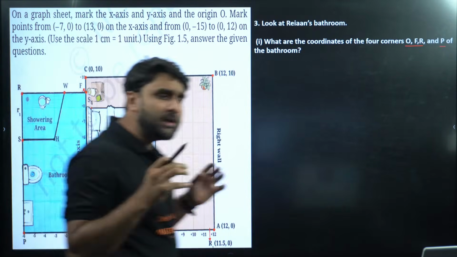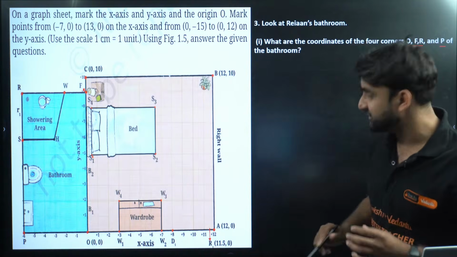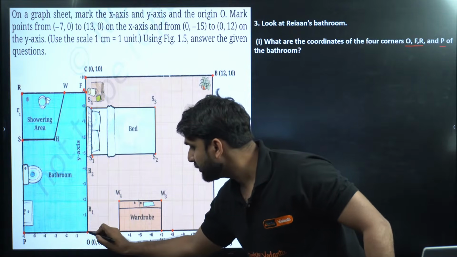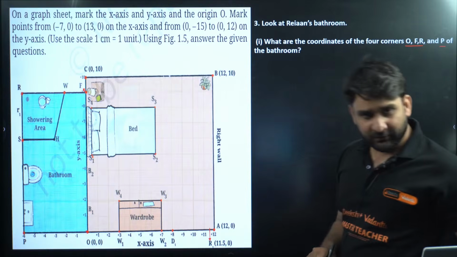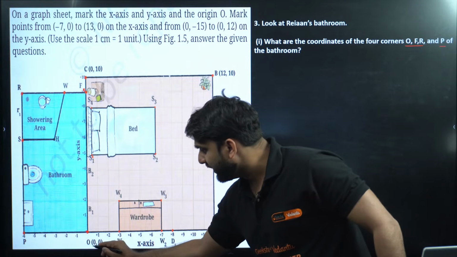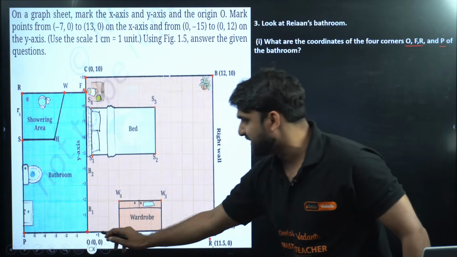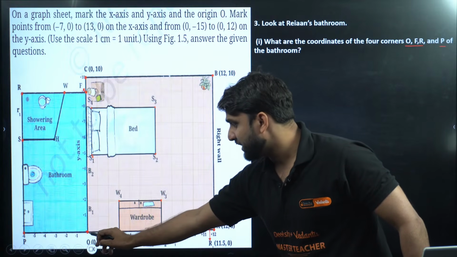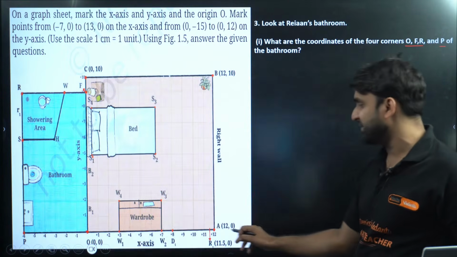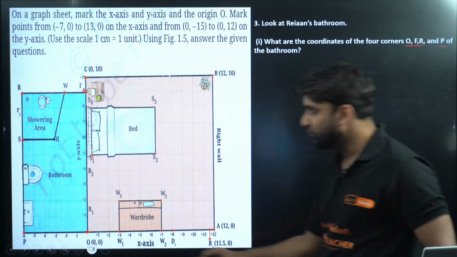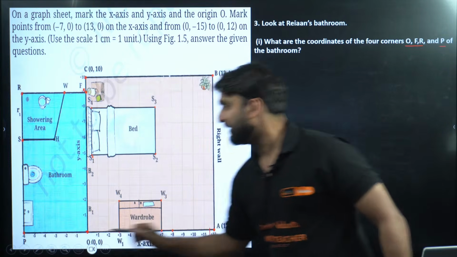Now look at the figure, look at the graph champions. This is O here, right? And the coordinate of O is already given to you. This is the origin basically, because the graph is starting from O. In this direction, the x-axis, all positive values, and to the left of the origin all negative values.